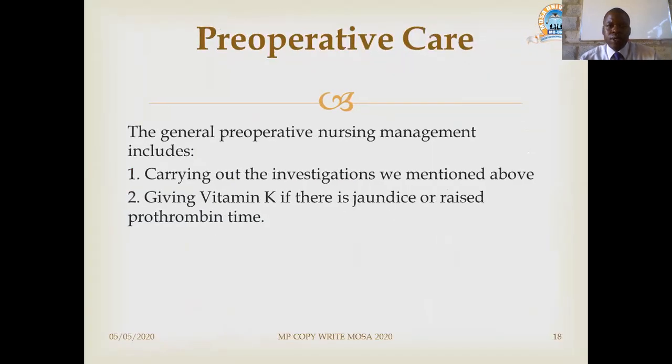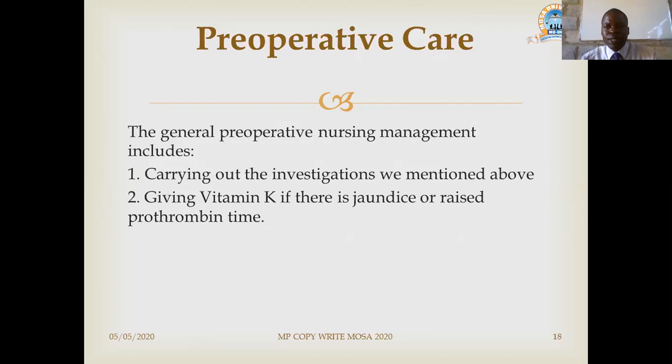Let us look at the preoperative care that you can give to a patient with a liver abscess. The general preoperative nursing management includes carrying out the investigative procedures which we mentioned in our discussion earlier on. Apart from that, giving vitamin K if there is jaundice or raised prothrombin time.